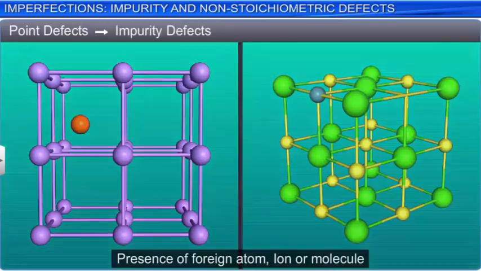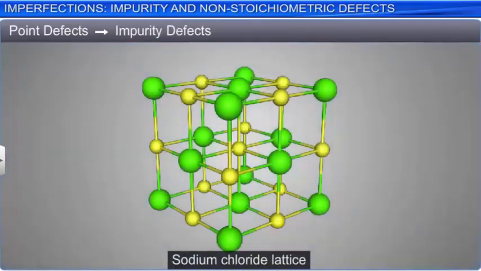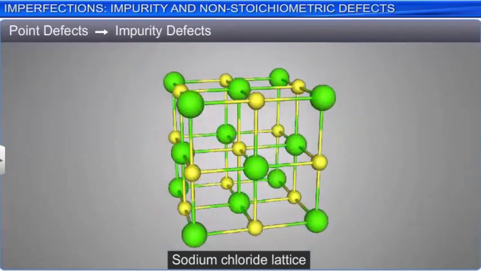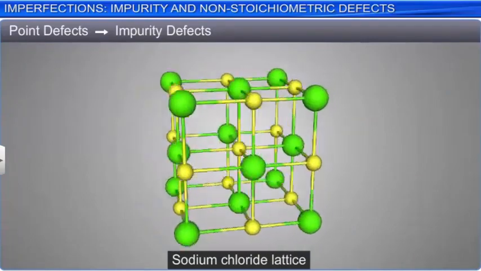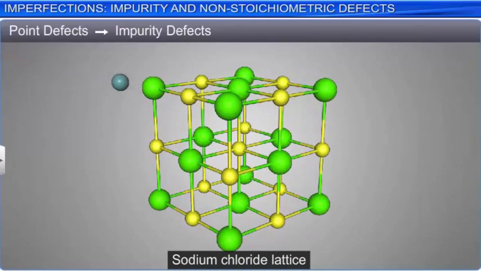For example, during the crystallization of molten sodium chloride, if it contains a small quantity of strontium chloride, then some of the sites of Na+ ions are occupied by Sr2+ ions.